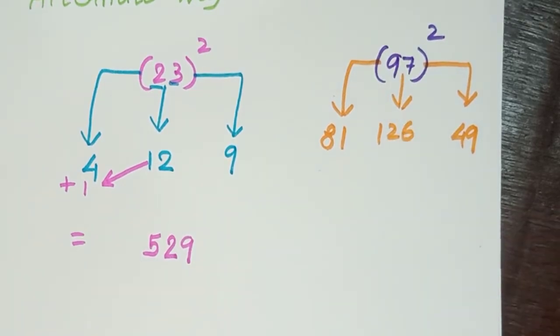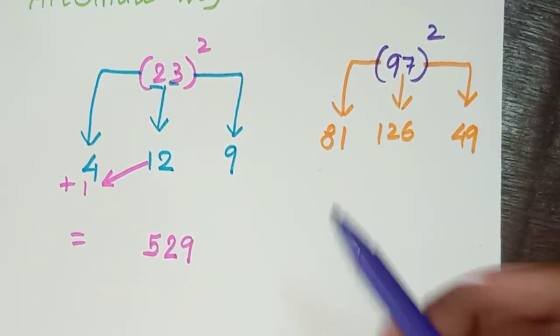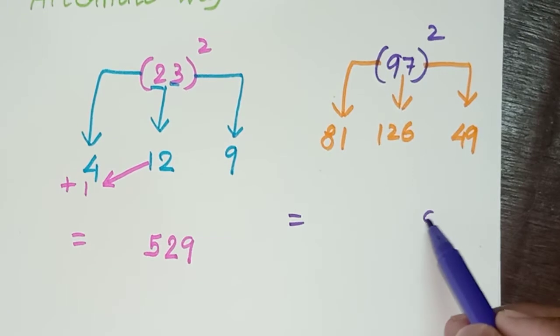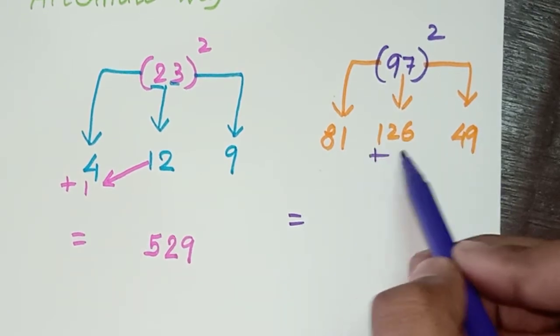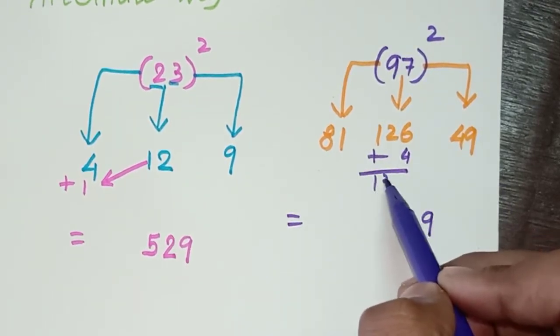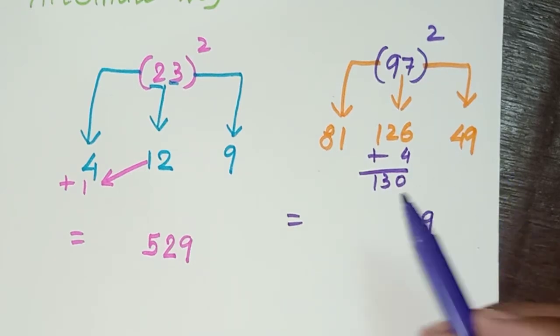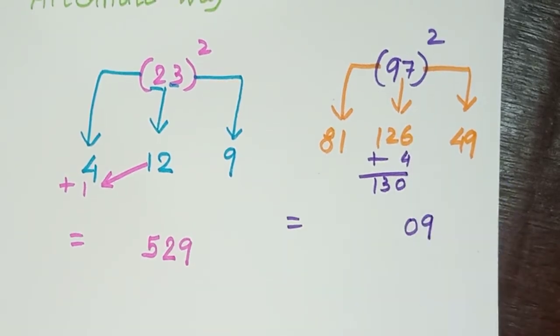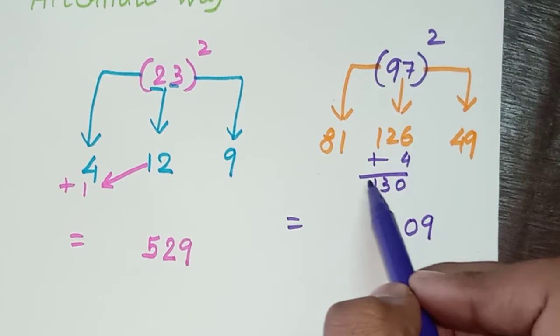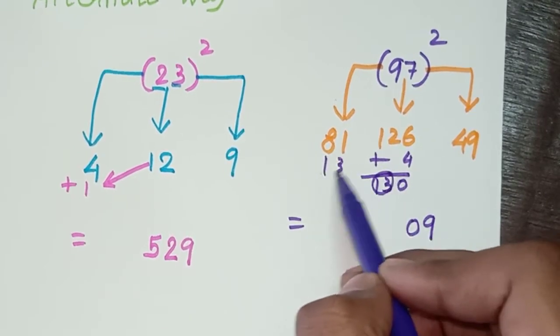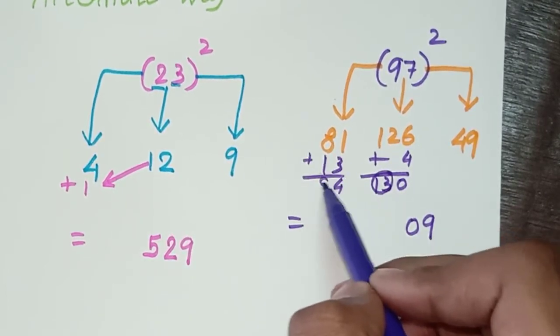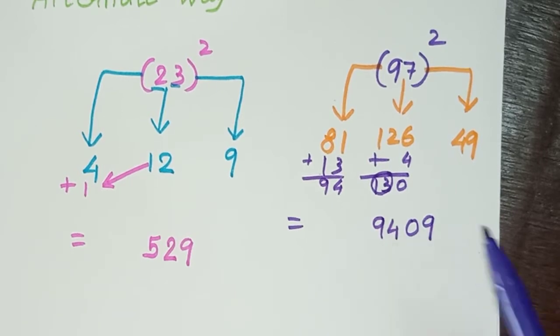This is how your splitting is done. So 49, pick up 9, 4 you take here. So this is 130. Now this 0 you pick here and this 13 will go here plus 13, which is 94, and your final answer is 9409.